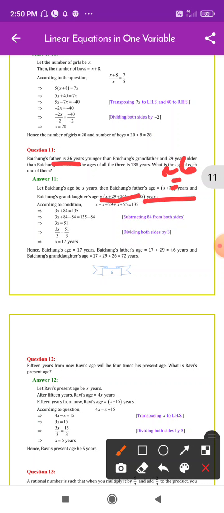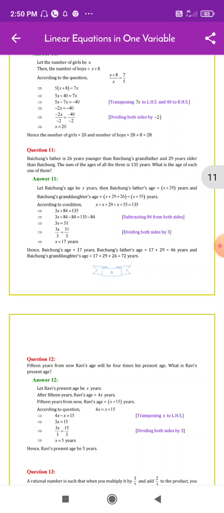So x plus 29 plus 26 will be x plus 55 years. That is Bachung's grandmother's age. Now according to the question, we add x plus x plus 29 plus x plus 55.